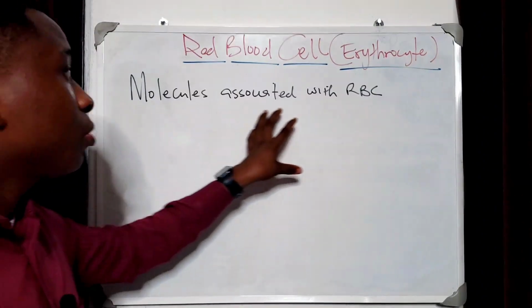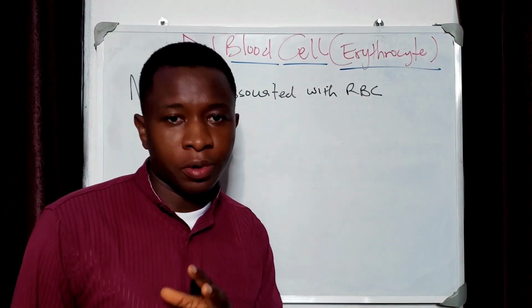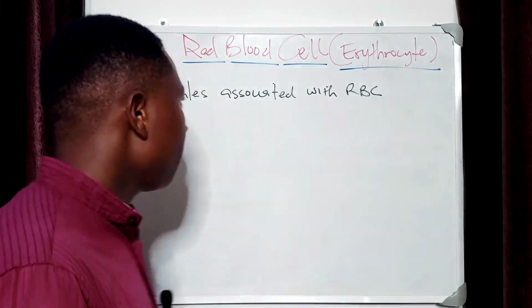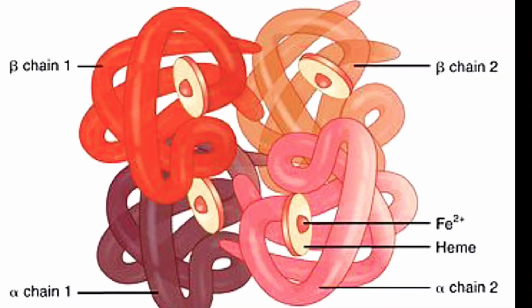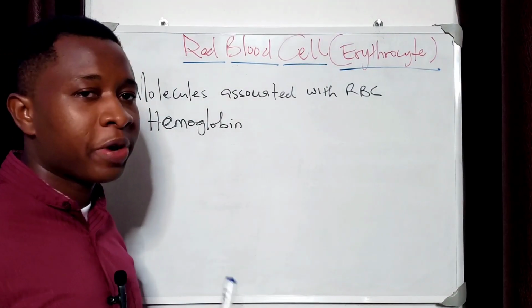Now, for the molecules associated with the red blood cell, we have different molecules. Now, the most important of them is the hemoglobin. The hemoglobin is the most important molecule associated with the red blood cell.